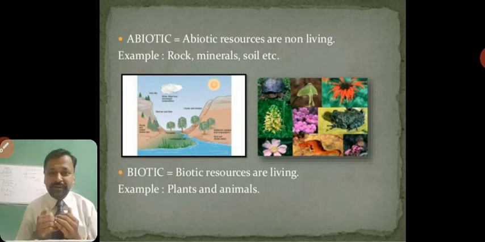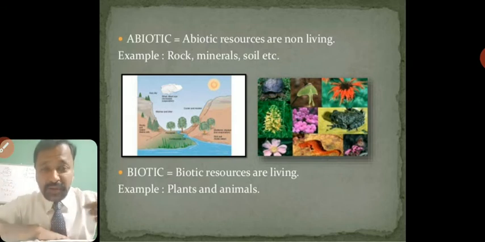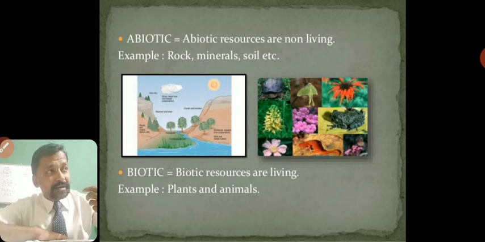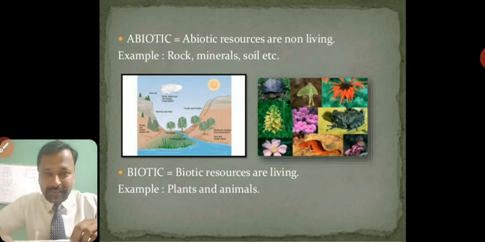Example: rock, minerals, soil, air, water, land. They're all non-living things, so this all comes under abiotic. Clear? Biotic means the originating thing is a living thing. Biotic resources are living. Example: plants, animals. Fossil fuels like petrol, diesel, coal come from plants and animals, so they are from living things. If I get a resource from a living thing, it is called biotic.